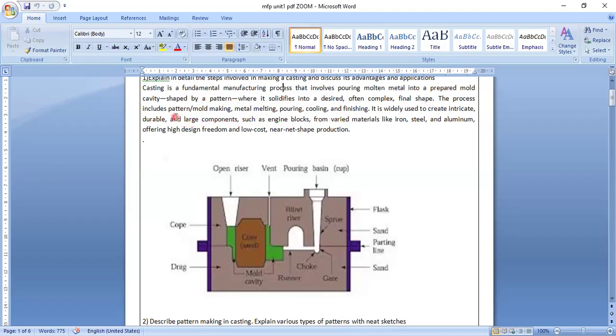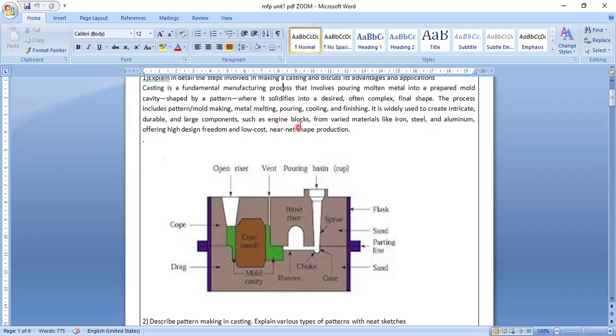So first you need to make a pattern, which you keep in the mold. Then you melt the metal and pour it here. After pouring, cooling should take place. After that, you break the mold and remove the casting. It is widely used to create intricate, durable, and large components, big components, for example wings of aeroplanes, body cavities of cars, and engines.